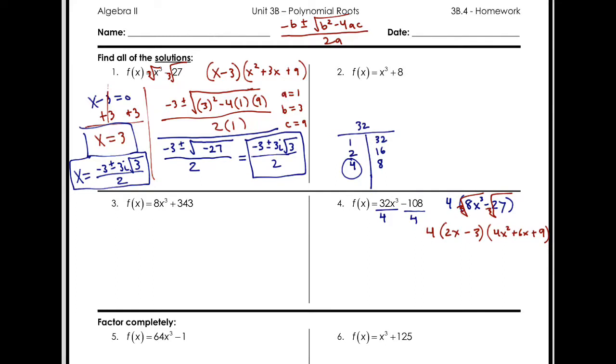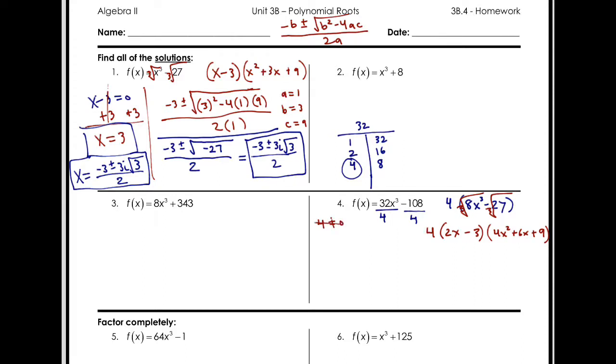Now we want solutions. So how do we do that? We set all our factors to 0 and solve, or we just factor the trinomial. So let's start here. 4, if you set that equal to 0, doesn't make sense, so that's gone.